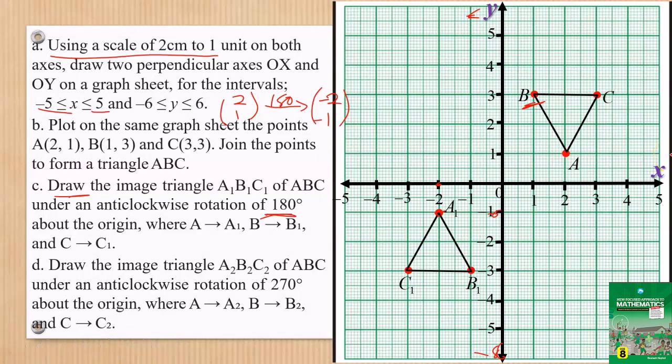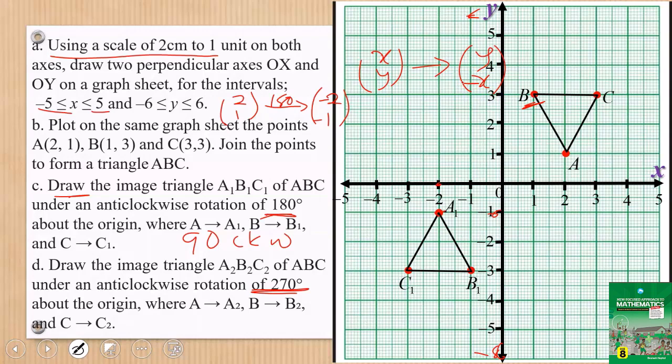Then we have to draw the image A2, B2, C2 of ABC under clockwise rotation 270 degrees. And here 270 degrees is the same as doing 90 degrees clockwise. If the original is xy, our image under clockwise rotation has x and y swapped, but x will go to negative.